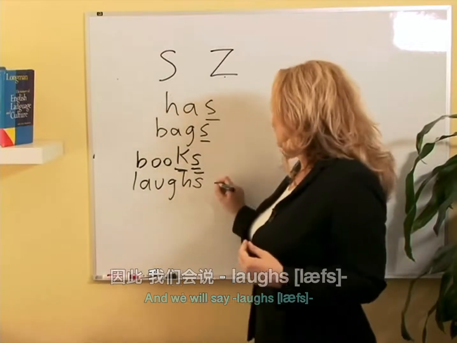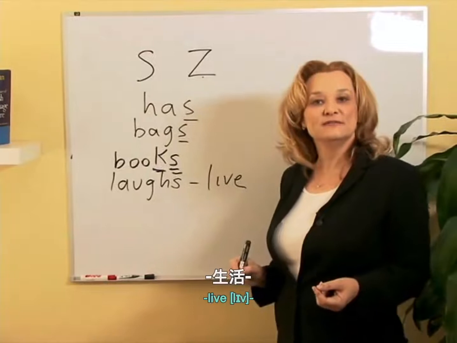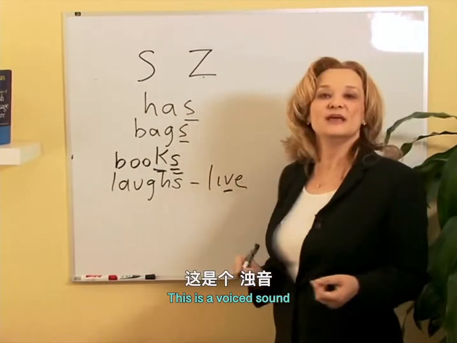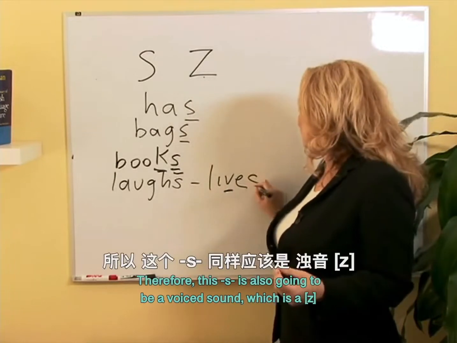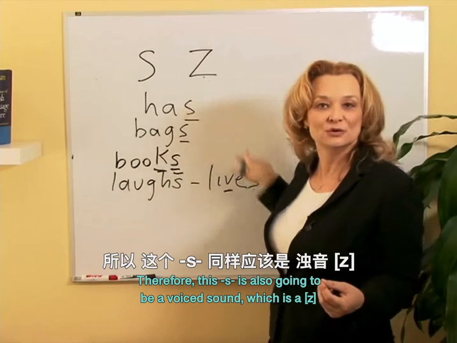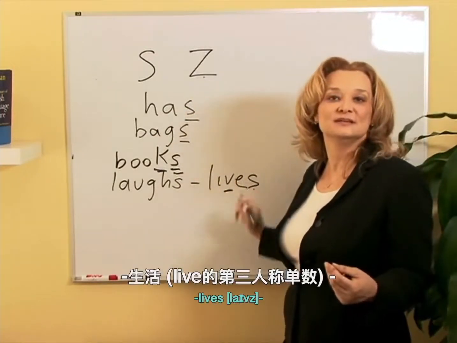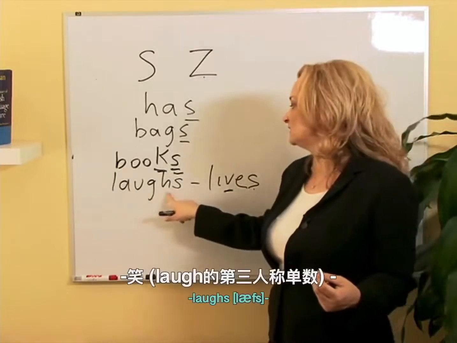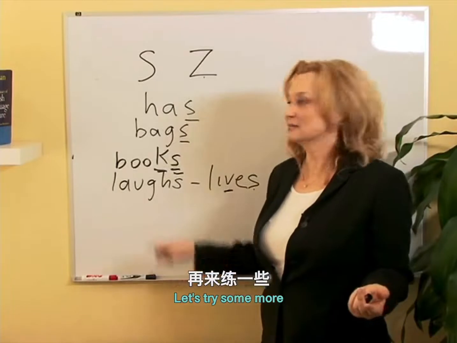Look at this word, live. This is a voiced sound, v. Therefore, this S is also going to be a voiced sound, which is a Z, lives. Laughs, lives. Let's try some more.